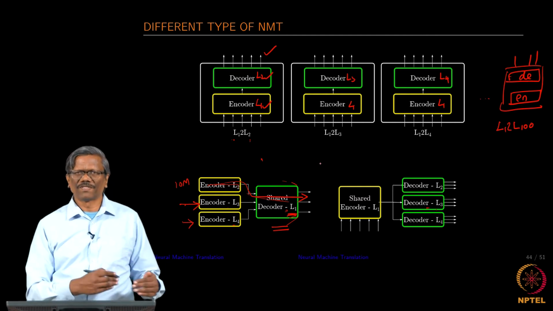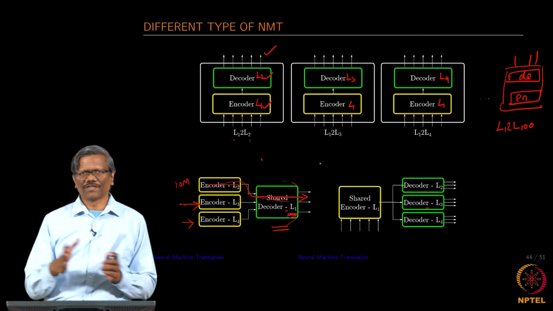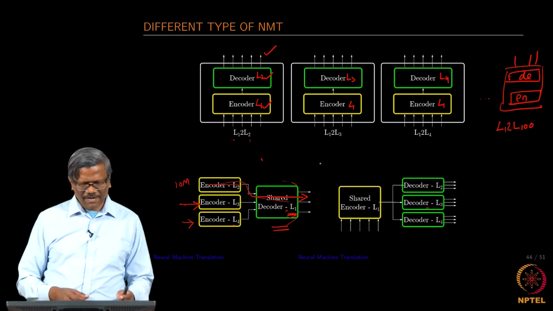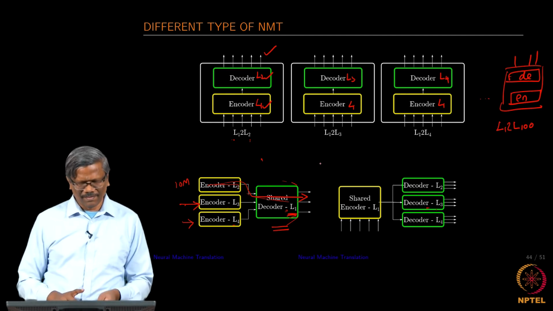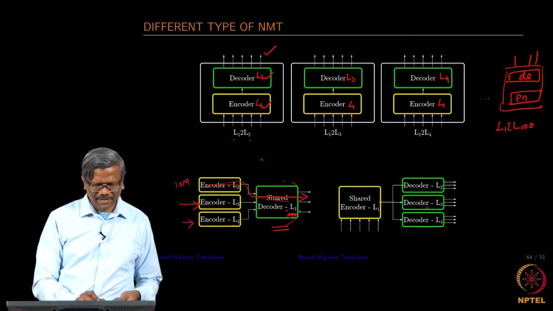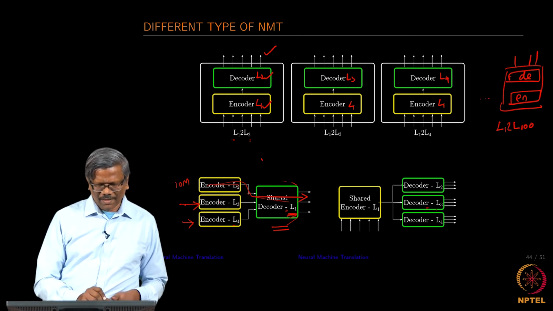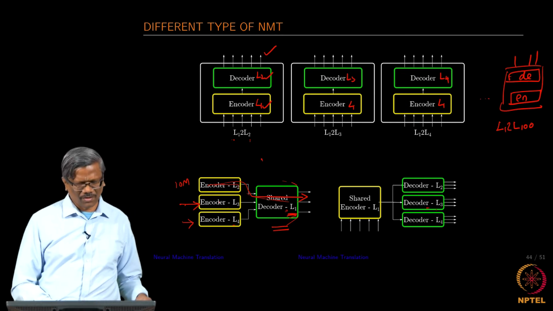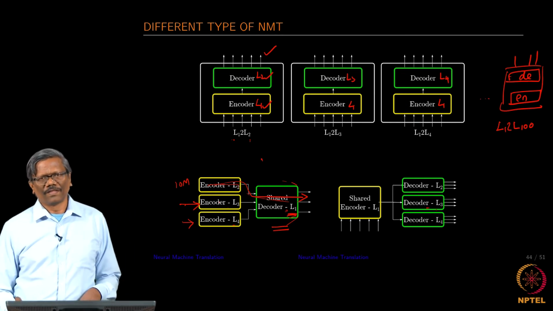So, you need to have some kind of mechanism to specify which language you want to translate into, okay. For example, if you have Tamil, Telugu, Malayalam and so on, you want to translate from Tamil to English, Malayalam to English, or from Telugu to English.